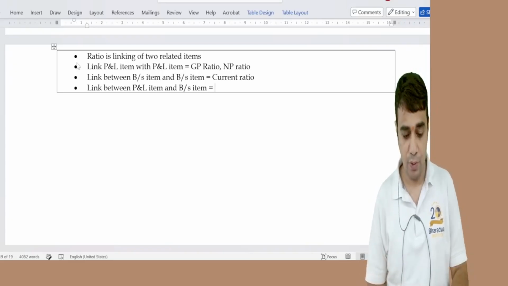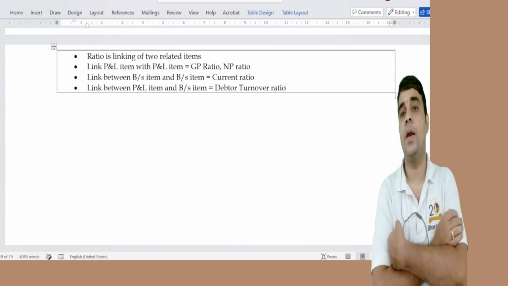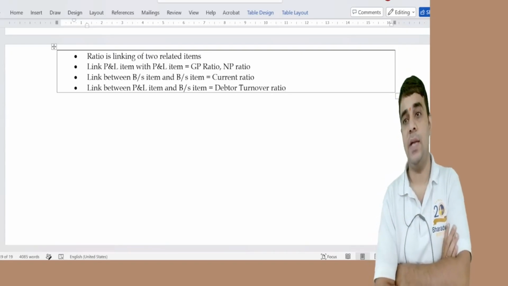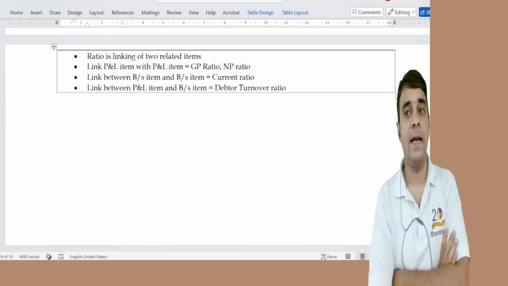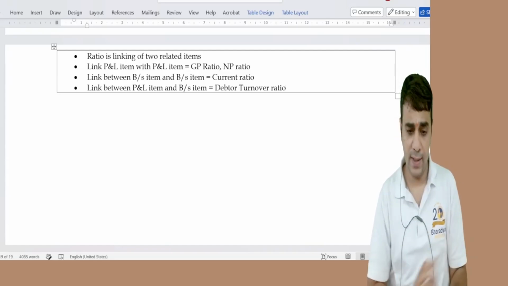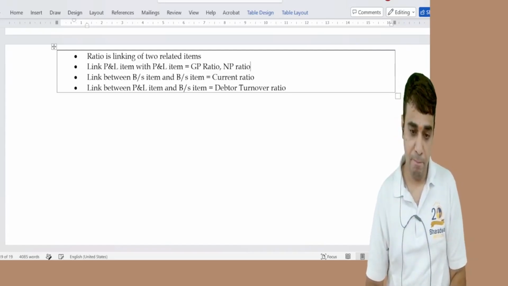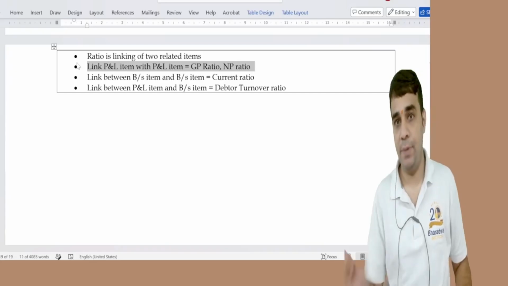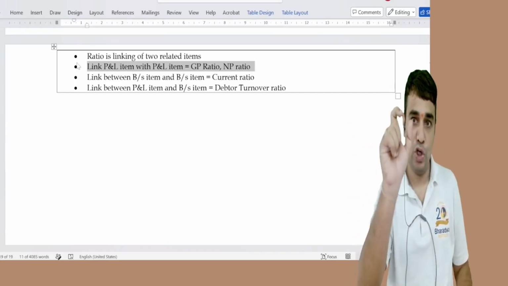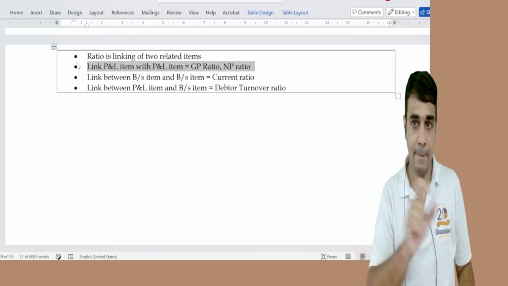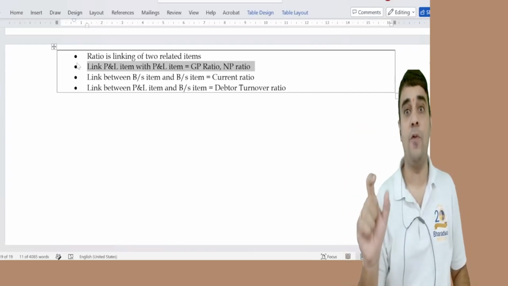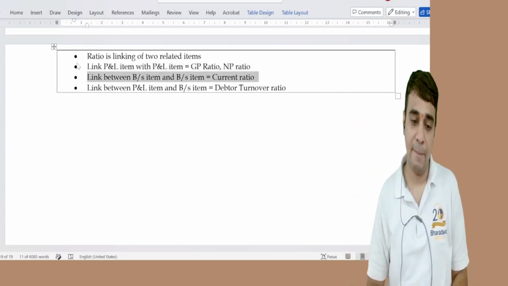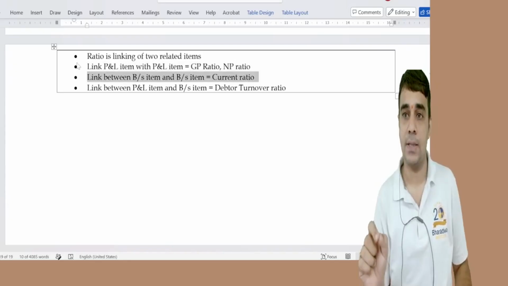Some of the ratios you could have seen may be called debtors turnover ratio. Debtors turnover is debtors divided by credit sales. Only thing is, P&L is for the year, so the numerator is for the year. Denominator is also for one full year. Here, balance sheet is as on date.